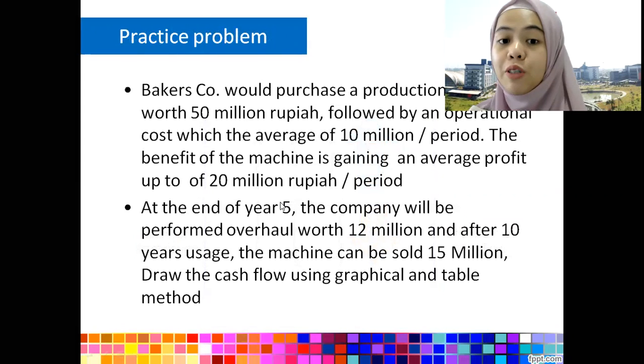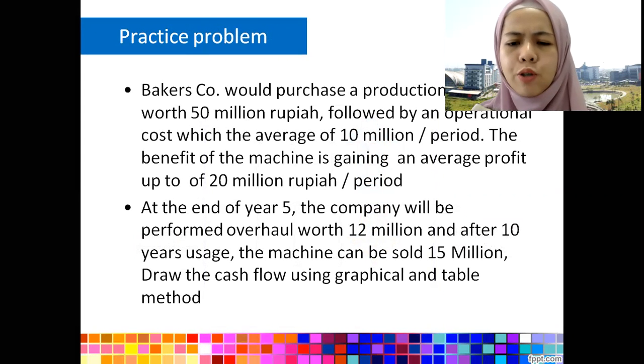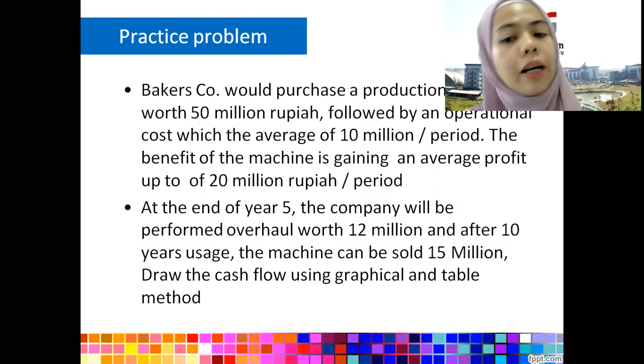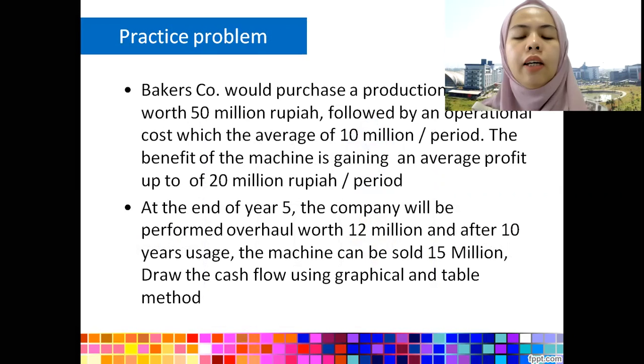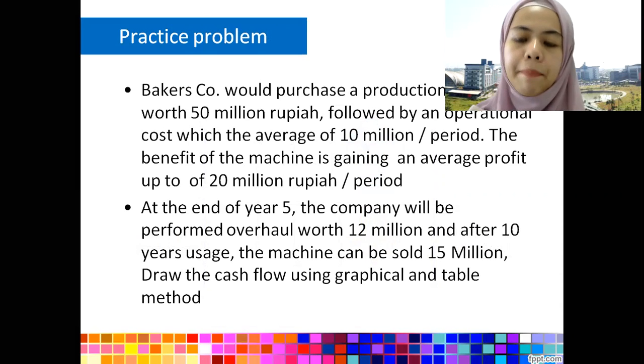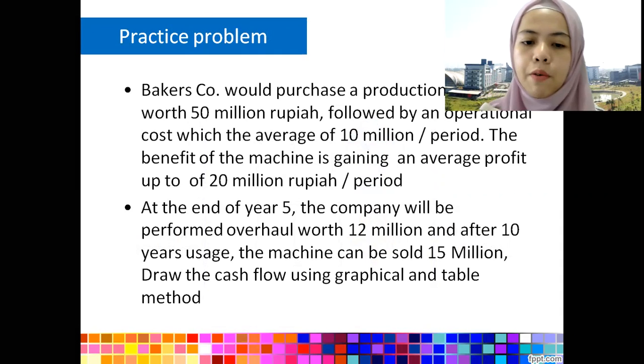Let's do some practice problems here. Okay, so Baker's Court is a company that runs bread production. It will purchase a machine worth 250 million rupiah, followed by an operational cost of 10 million on average for each period.